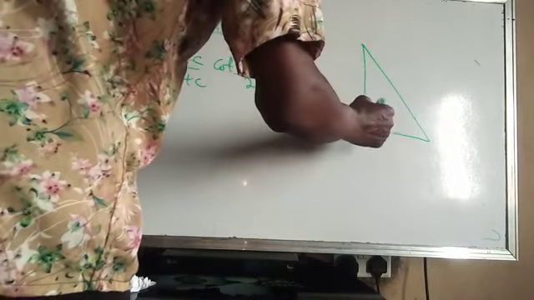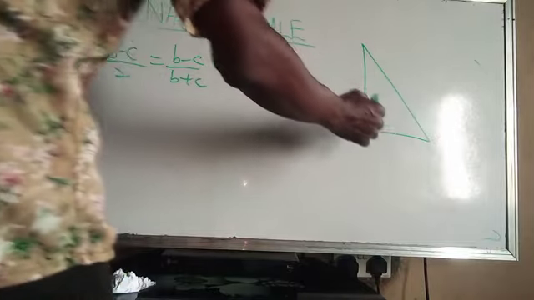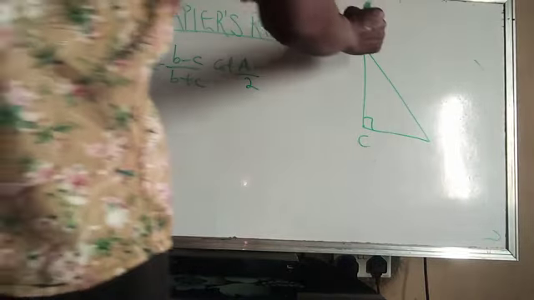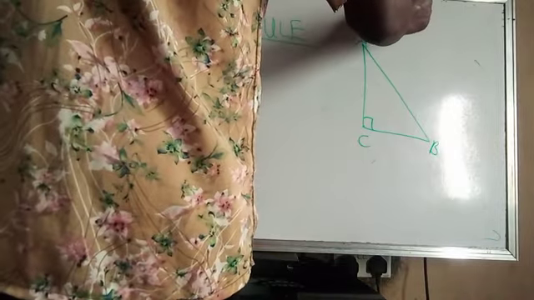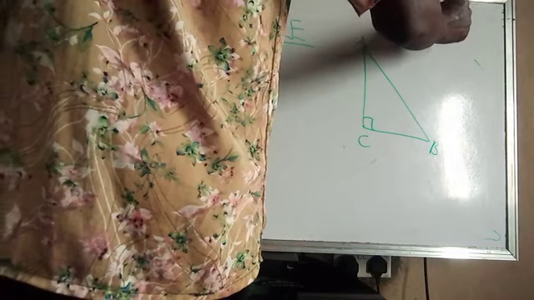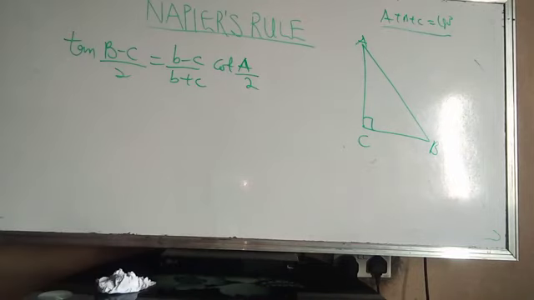Suppose this is the right angle spherical triangle, and this is point C, this is A, this is B. So A plus B plus C is automatically going to be what? 180 degrees, because in any triangle, the sum of angles is equal to 180.